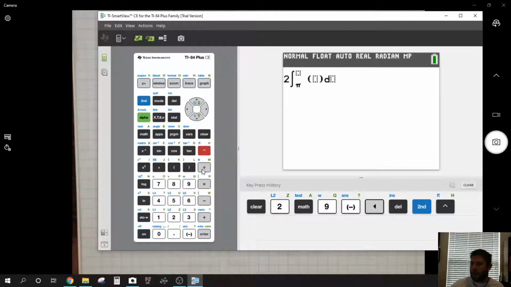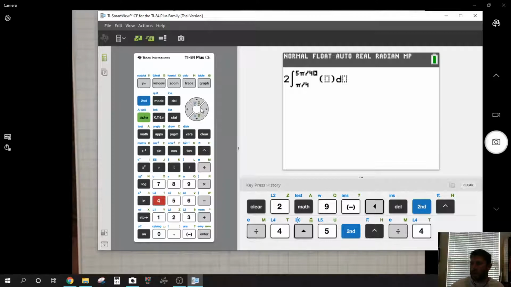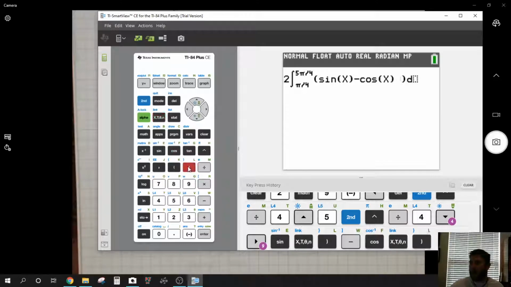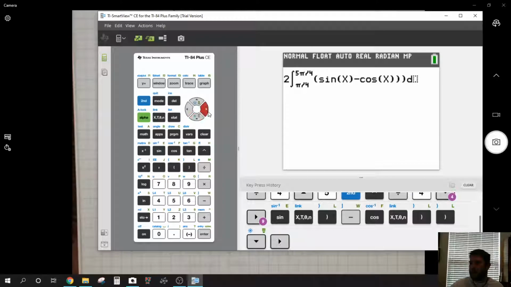Pi over 4 to 5 pi over 4, and then we said sine x minus cosine x dx. And that would be our answer.